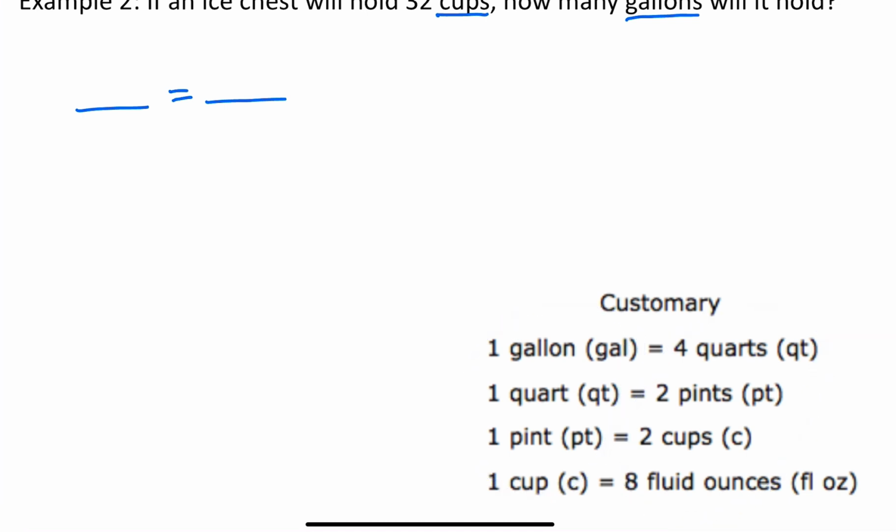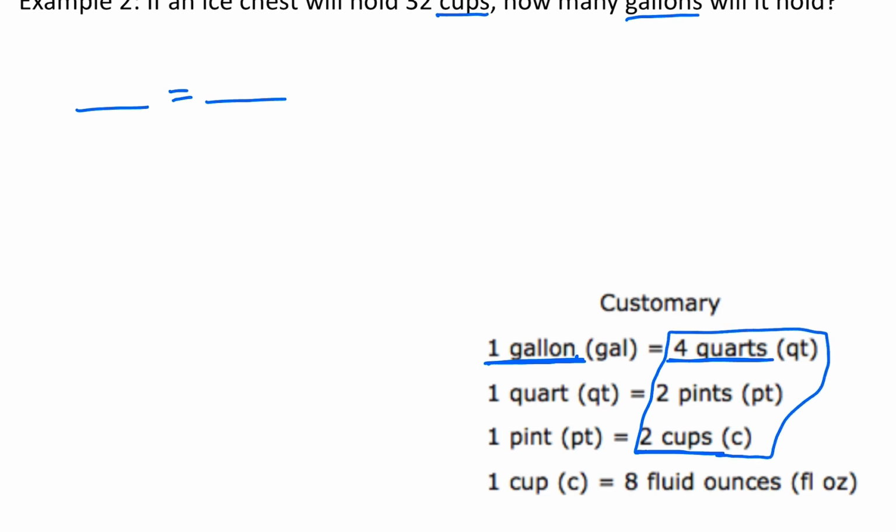So if I look, I only have 1 gallon, but on the other side, it's quarts. So I need this cups down here. And since those two are not on the same row, the cups and the gallons are not on the same row, we have to circle all the way up to the gallons, and we have to multiply those numbers.